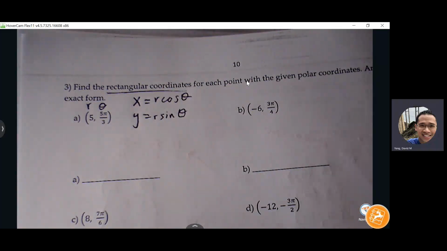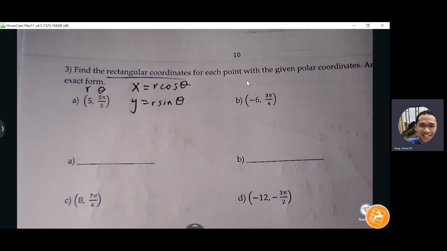All right, so once you have that, then it's pretty straightforward, right? Because it's just 5 cosine 5 pi over 3 and 5 sine 5 pi over 3.